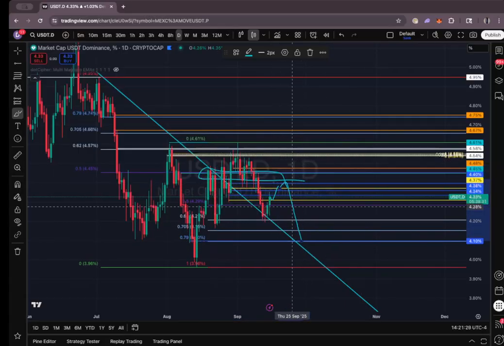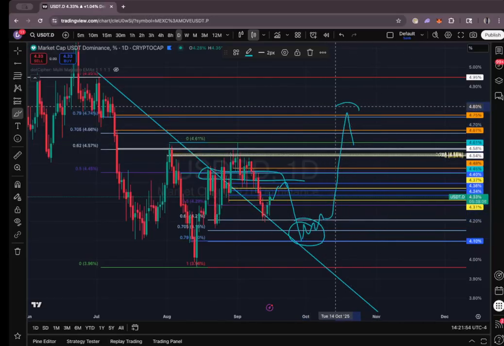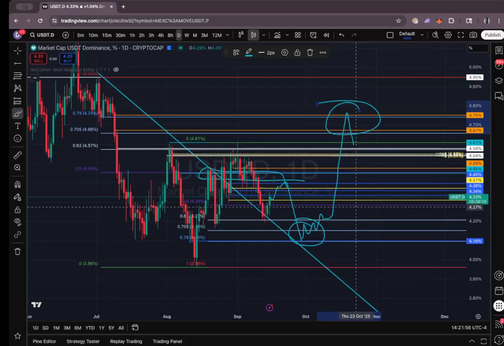We see a very quick manipulation pump and a dump in USDT in the market, probably sometime later this month. However, this would mean that is actually the bullish bias for this range, and if we happen to consolidate anywhere here above 4.2, guess what's going to happen? Another flash dump, right? And we're going to clear the range of this liquidity on the 4.7.